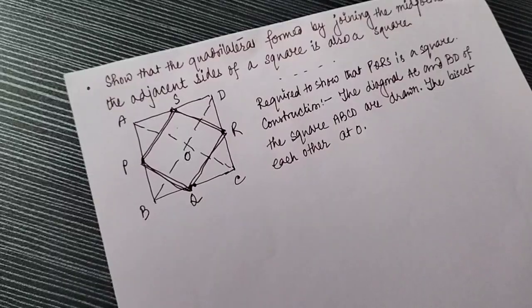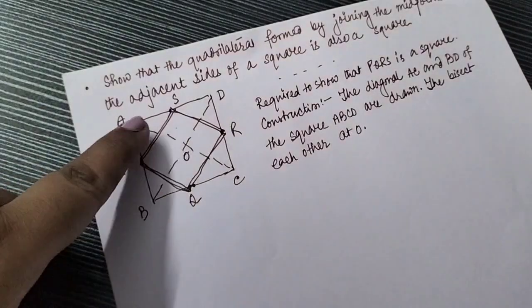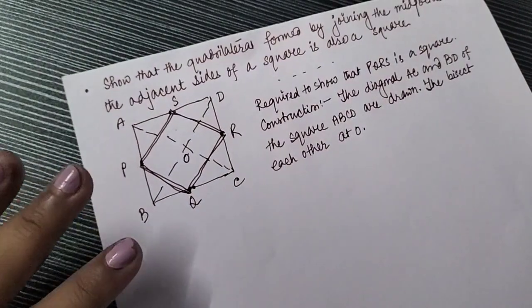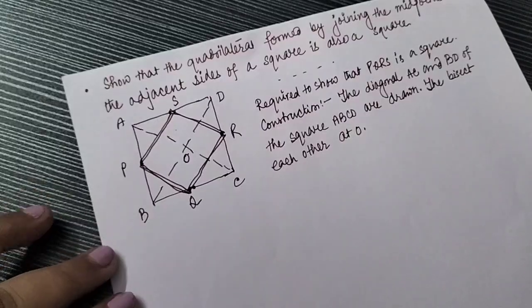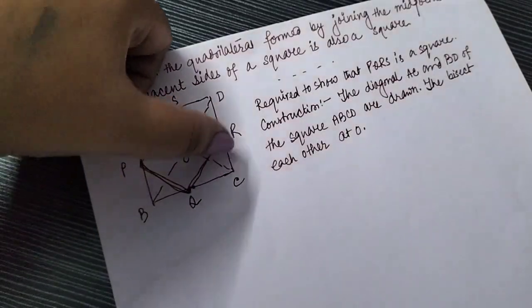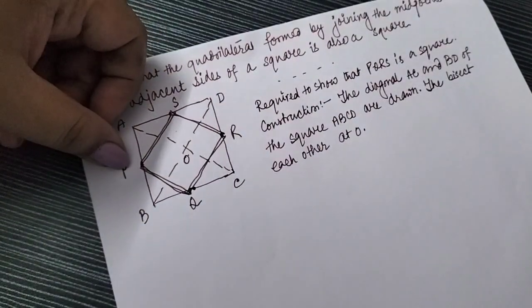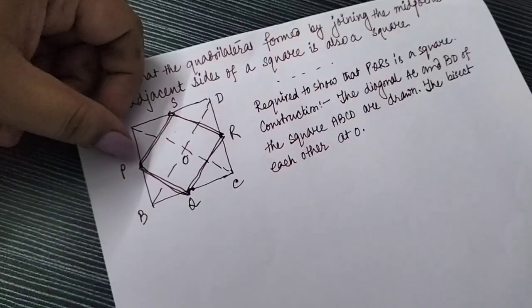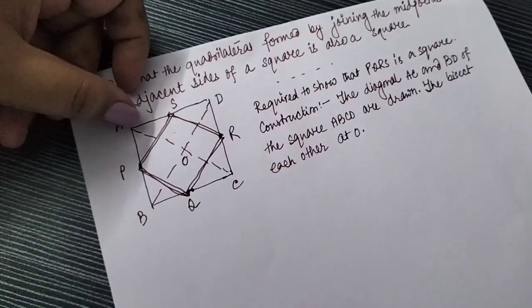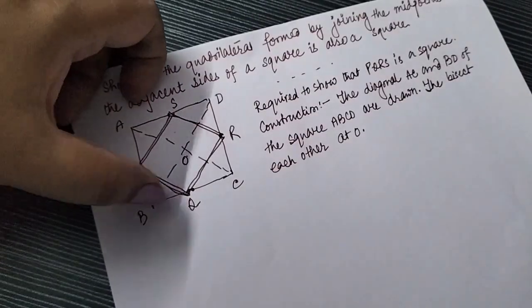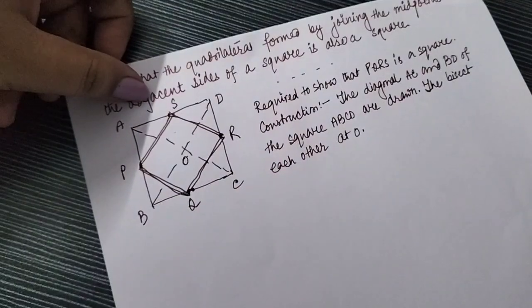Okay? Why have we drawn these diagonals? Because to prove the statement, we have to follow basically 3 steps. First of all, we shall show that PQRS is a parallelogram, that is, its opposite sides are equal and parallel. Secondly, we shall show that all the adjacent sides are equal in measurement.